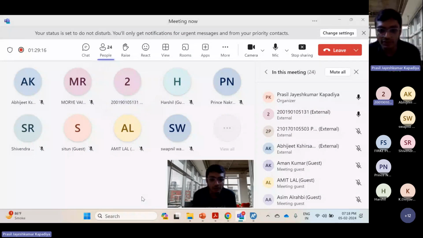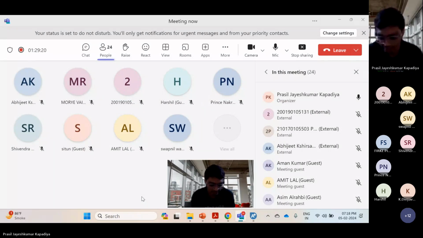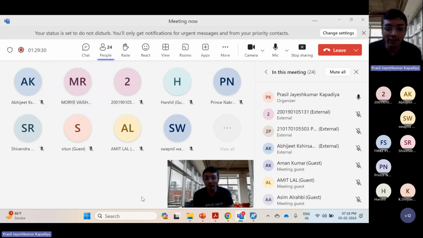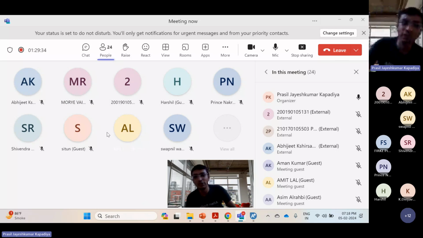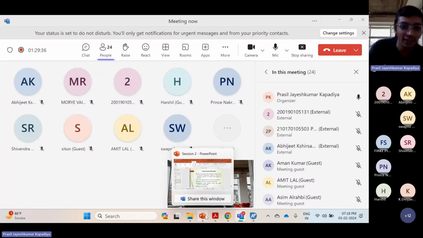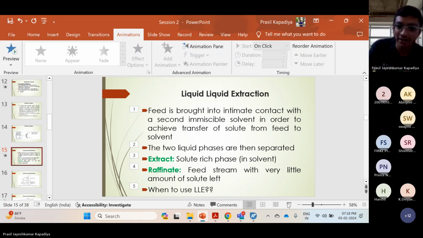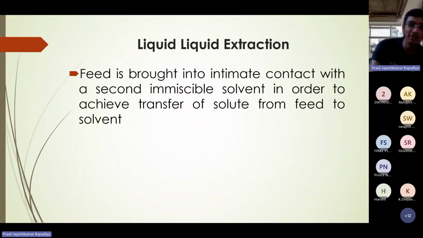Let's say my solvent is soluble in feed. What will happen? We will form a single phase, a three component solution, which will make the process uneconomical. We are not solving the problem. We are creating more problem by adding solvent if we are doing this, right? So the solvent should be immiscible.